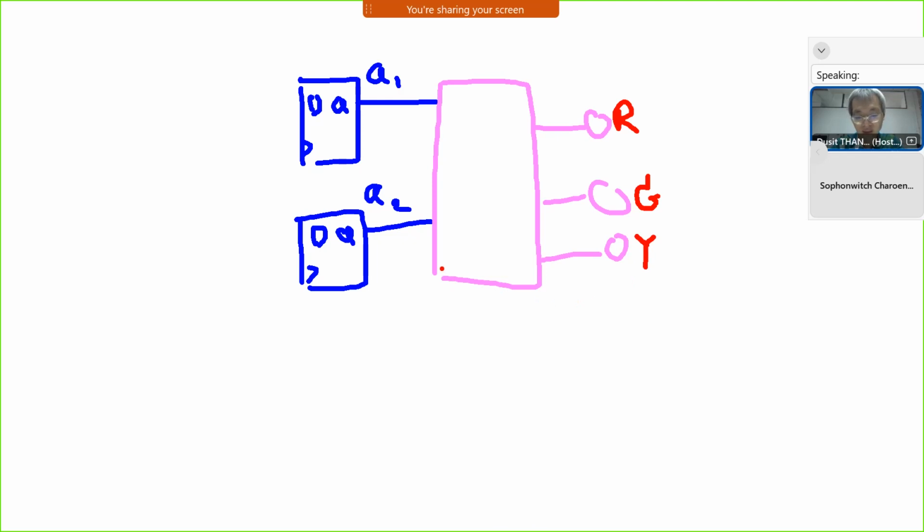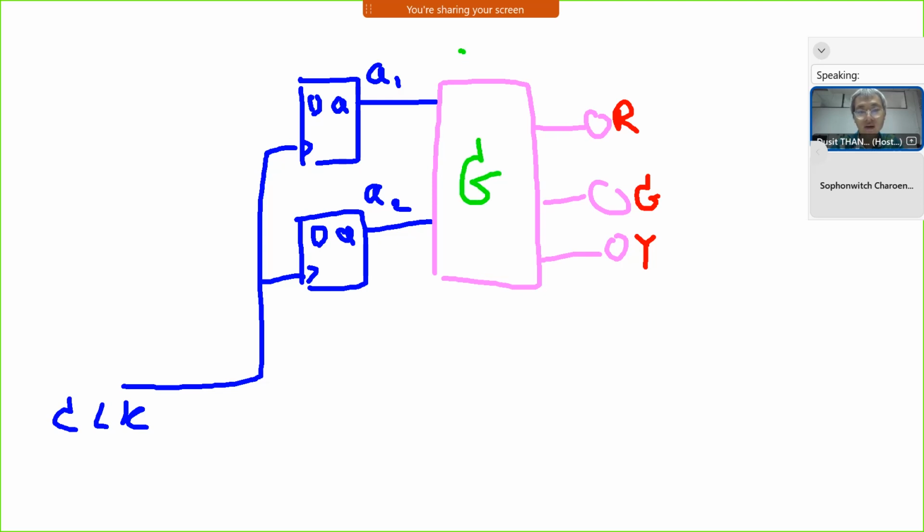And this is the clock of the system. This circuit is called circuit E, or output logic circuit. This circuit will convert the value from the flip-flops to the final output of the circuit.